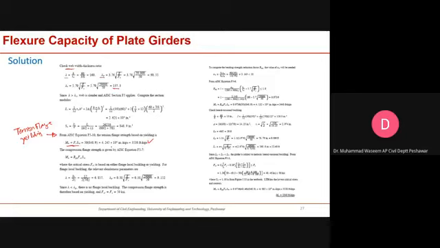The next is compression flange yielding, and for that you first need to check the web compactness because FCR is needed.